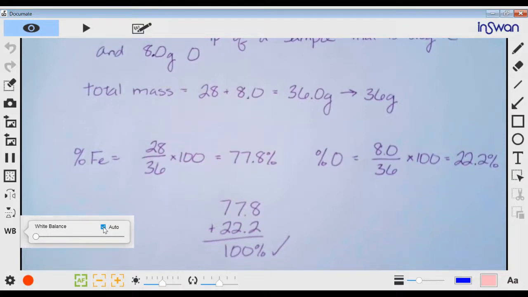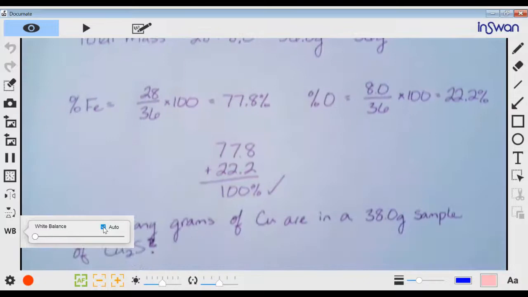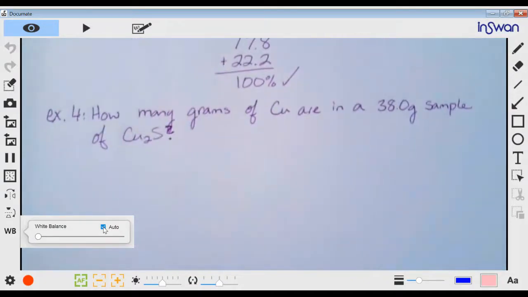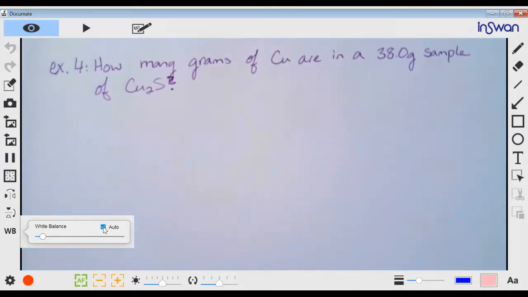Okay, so our final example of what you might see for a percent composition problem. How many grams of copper are in a 38.0 gram sample of Cu2S?